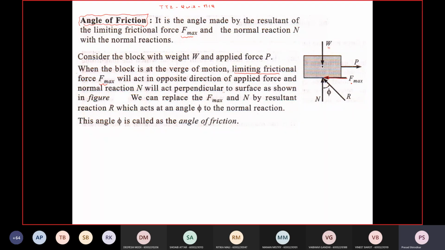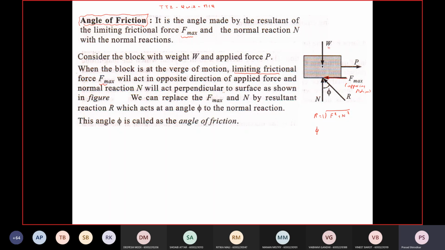The frictional force always has a tendency to oppose the motion. So F max is opposing the motion or the tendency of the object to move. So we can replace F max and N by a resultant reaction R. R is in fact the resultant of F and N, so it is the square root of F square plus N square.